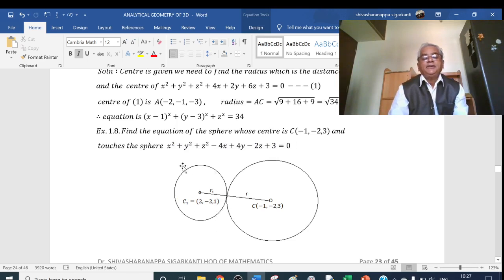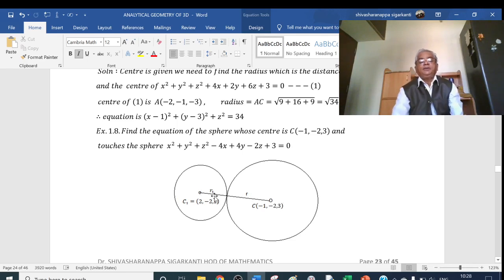If any sphere touches any other sphere, then the distance between the centers, that is C and C1, is nothing but the radius of this sphere plus the radius of this sphere. That is, R plus R1 is equal to CC1. We can find this R1, which is the radius of this sphere, and using the distance formula, we can find the distance between C and C1.